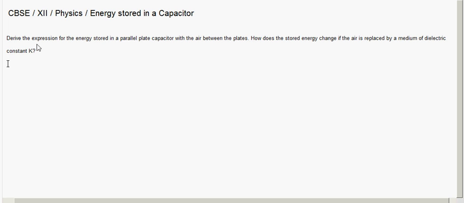So we will derive the equation for energy stored in a capacitor through this derivation. The question is, derive the expression for the energy stored in a parallel plate capacitor with the air between the plates. How does the stored energy change if the air is replaced by a medium of dielectric constant K?